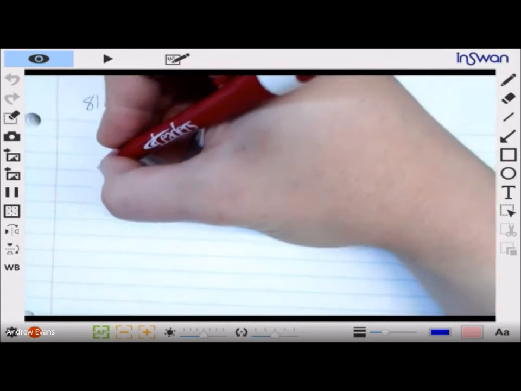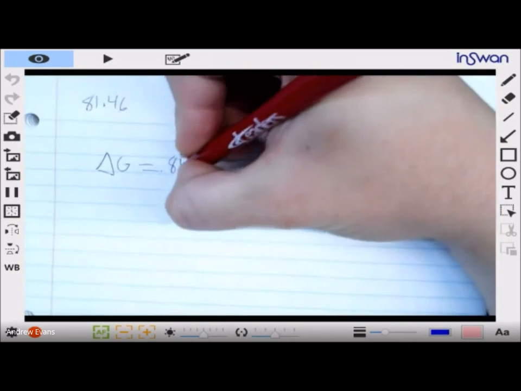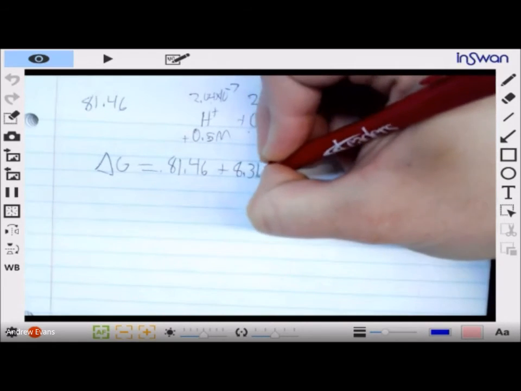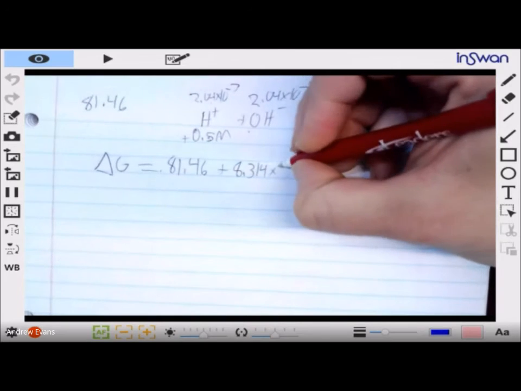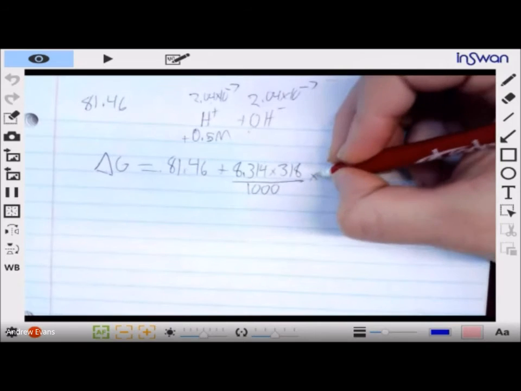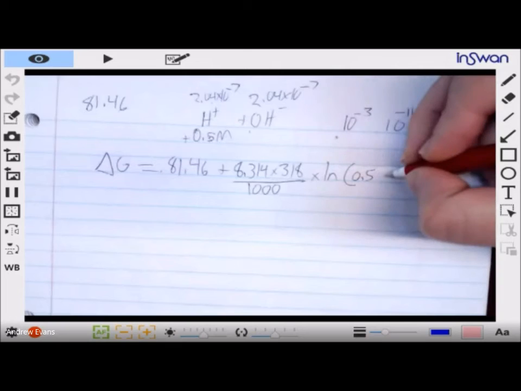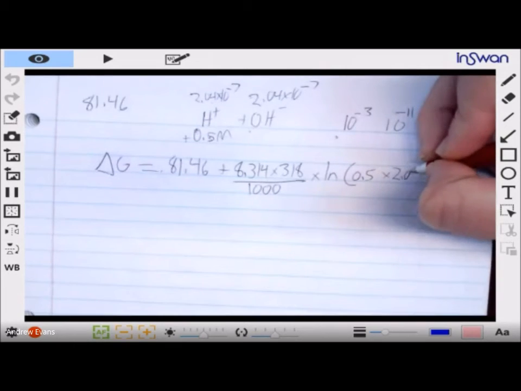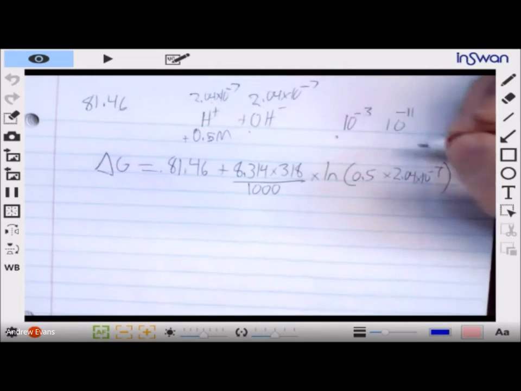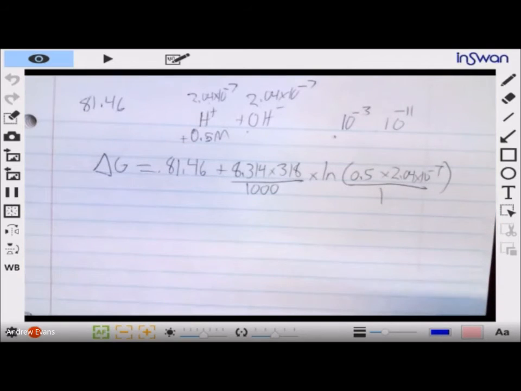So how would that change our delta G value? Well, delta G is equal to 81.46 plus our R times our T, 318, times a ln of Q, ln of 0.5 times 2.04 times 10 to the negative 7th. How will that change our delta G value?